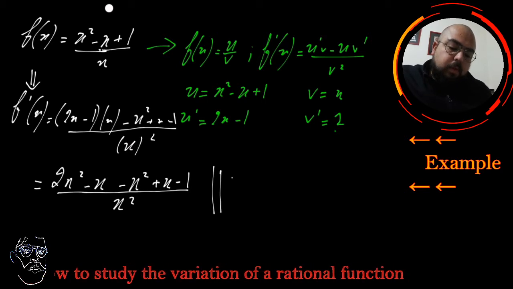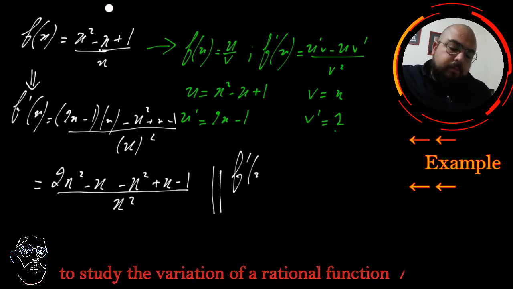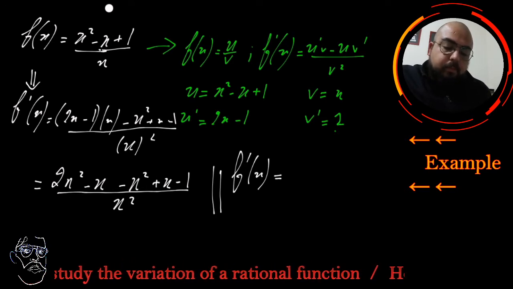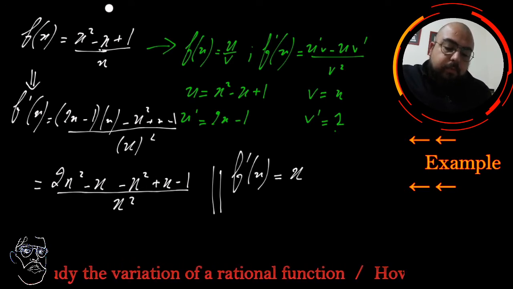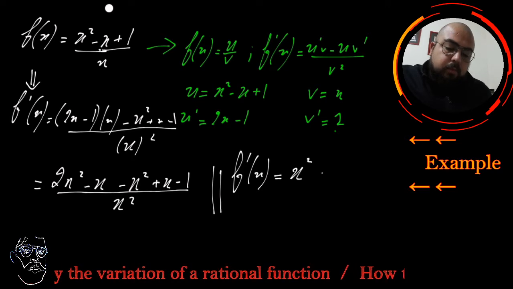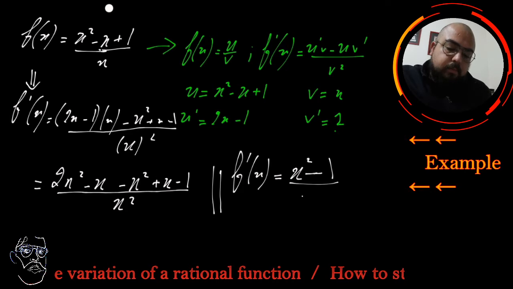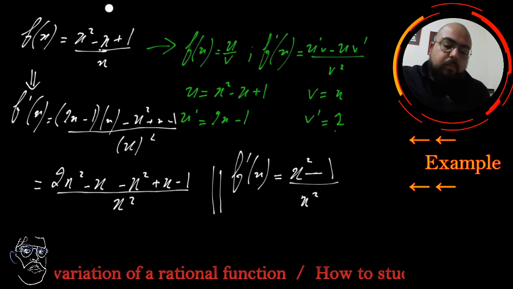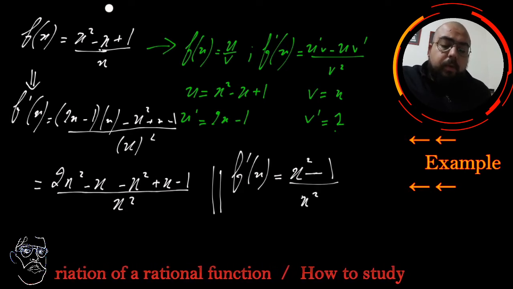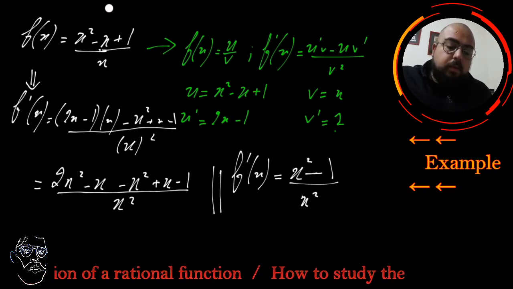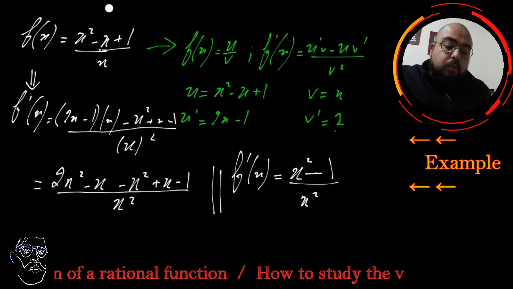So it will be f prime of x equals x squared minus 1 over x squared. Now x squared minus 1, of course you can factorize it as x minus 1 times x plus 1.